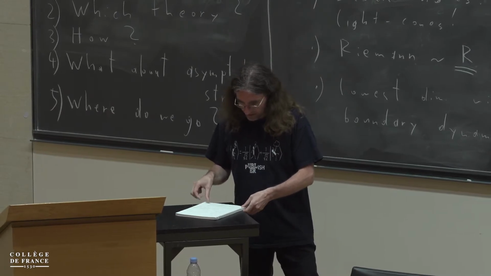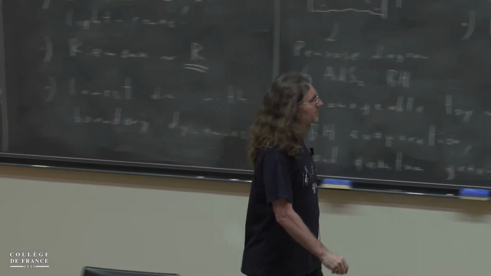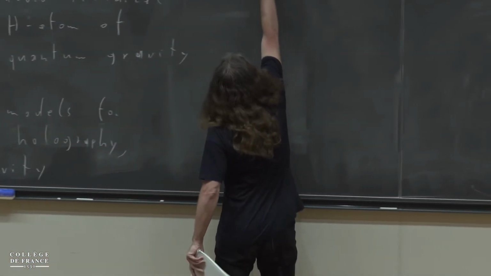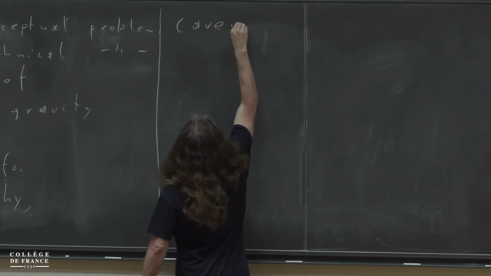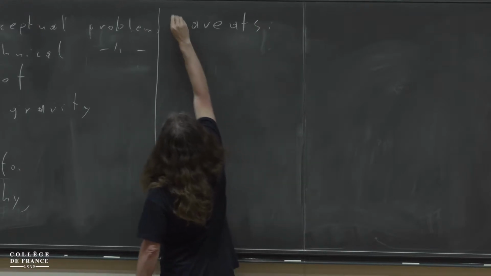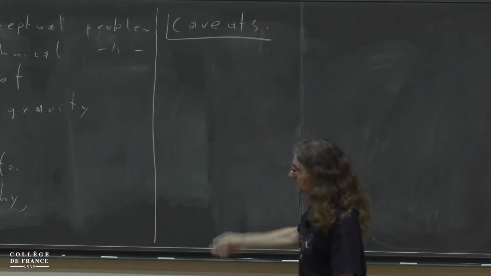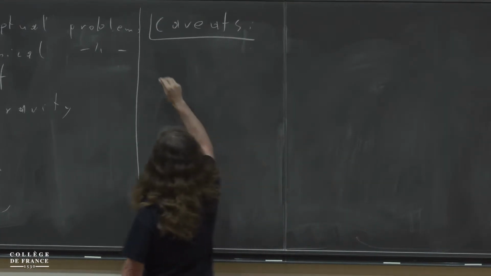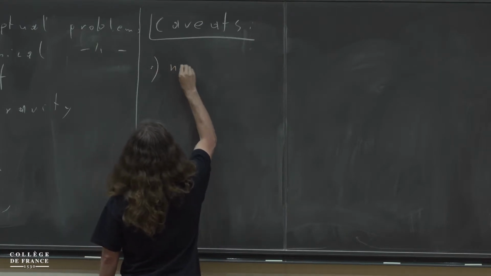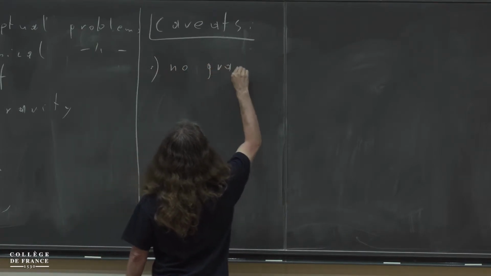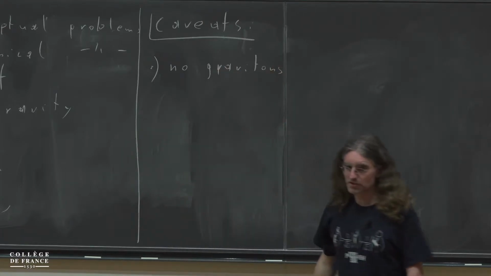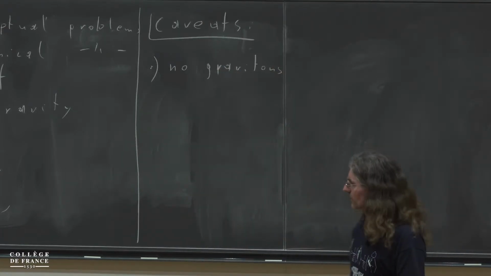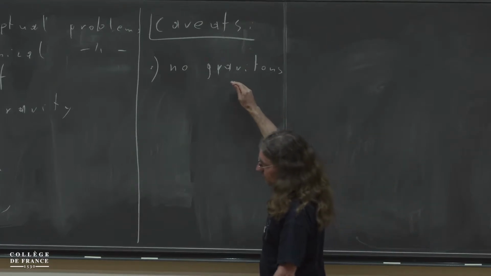Okay, there are also some caveats that I want to mention. There are some instances where going down to 1+1 dimensions might not be suitable for your purposes. The first one is that there are no gravitons in 1+1 dimensions. On shell, it's already true in 2+1 dimensions.